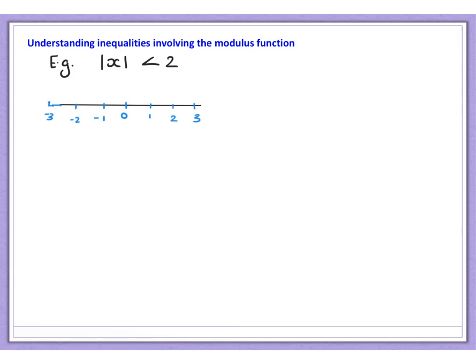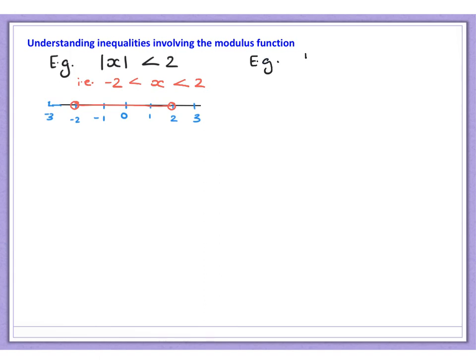So that means we're looking at all these numbers here between 2 and negative 2, but not including 2 or negative 2 because it's a strict inequality. So mod x less than 2 means that x is between 2 and negative 2. And it's important that we understand that.